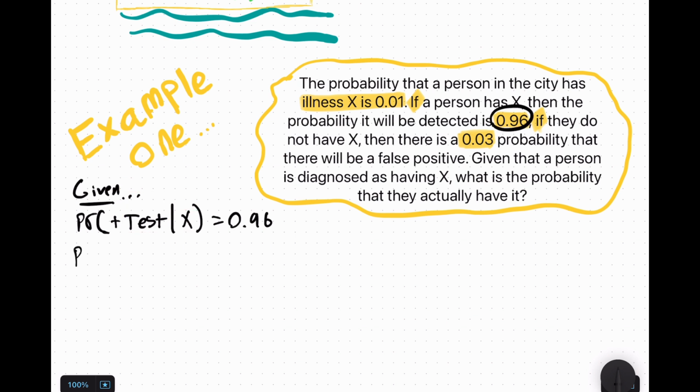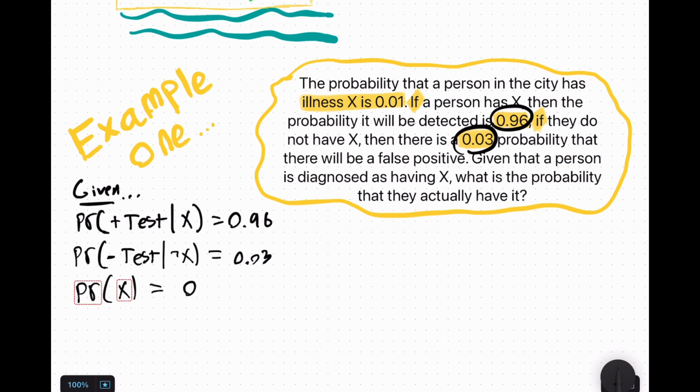We're given that the probability of a negative test given not having X is 0.03. So we're given that. We're given that the probability of having X is 0.01. And finally, we're given that the probability of not having X is equal to 0.99. That's just based on subtraction, right?